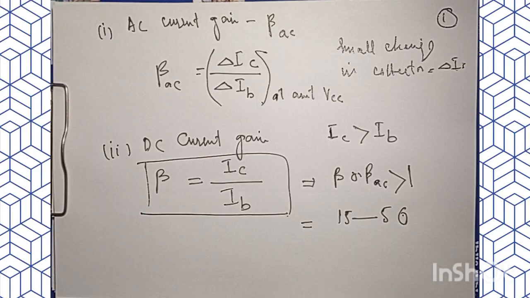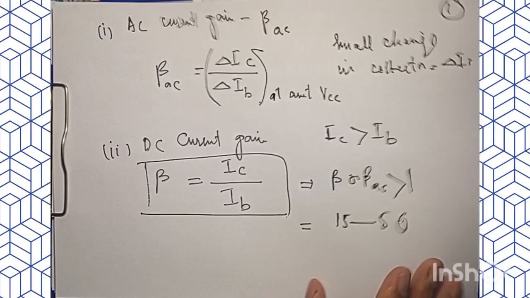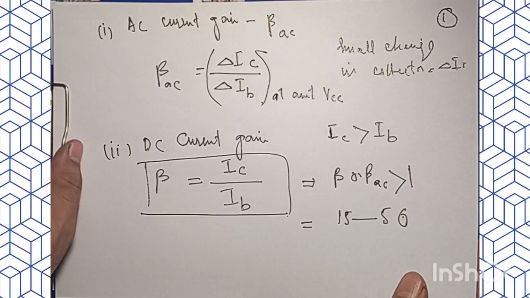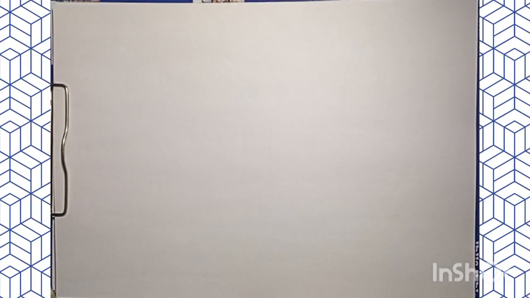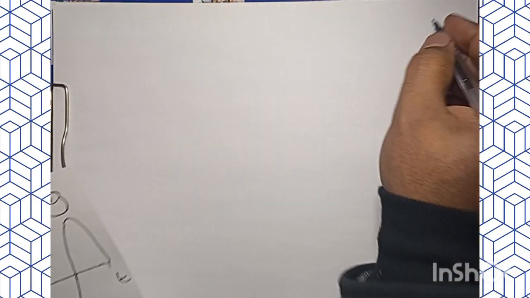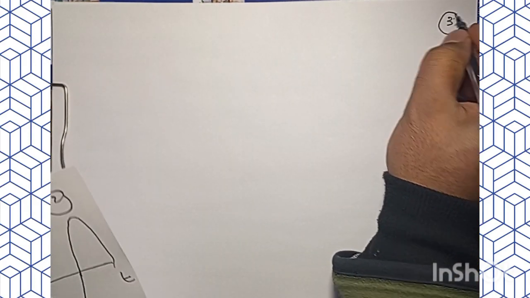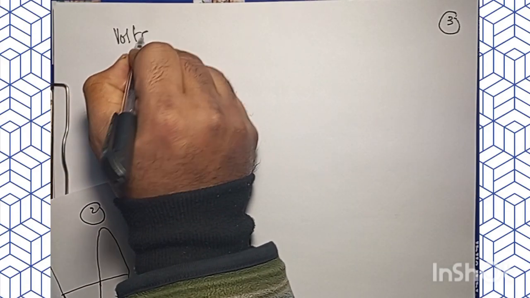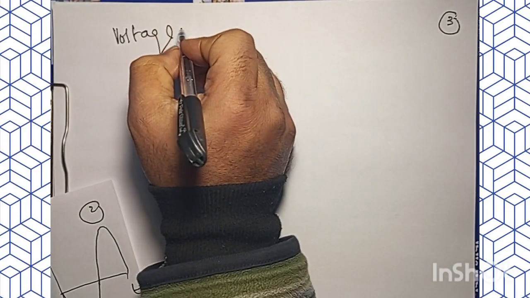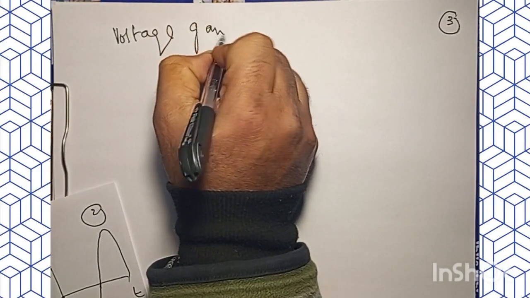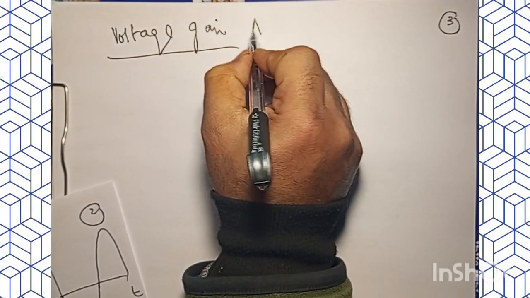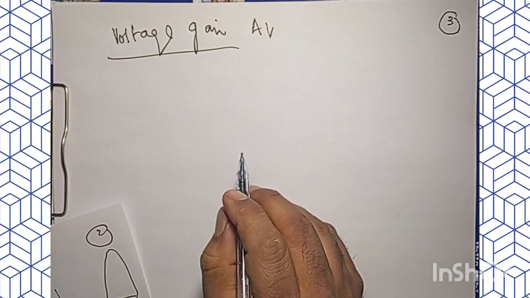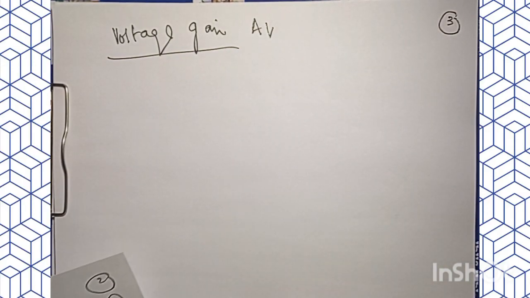Now the next important thing that we have to define here is the voltage gain. For voltage gain, we have the symbol AV. So how do we define this voltage gain?